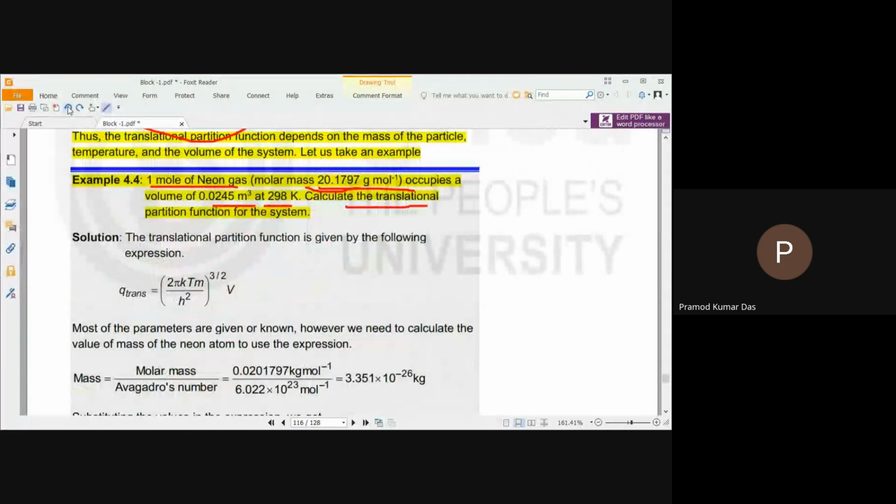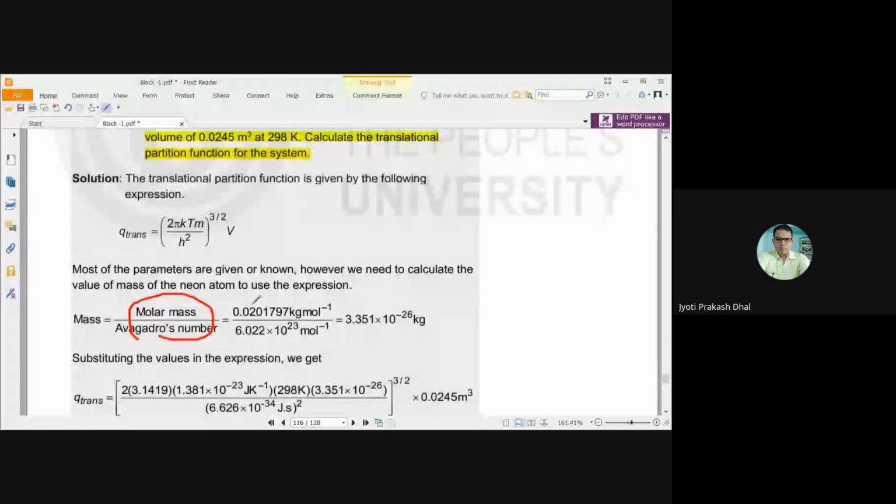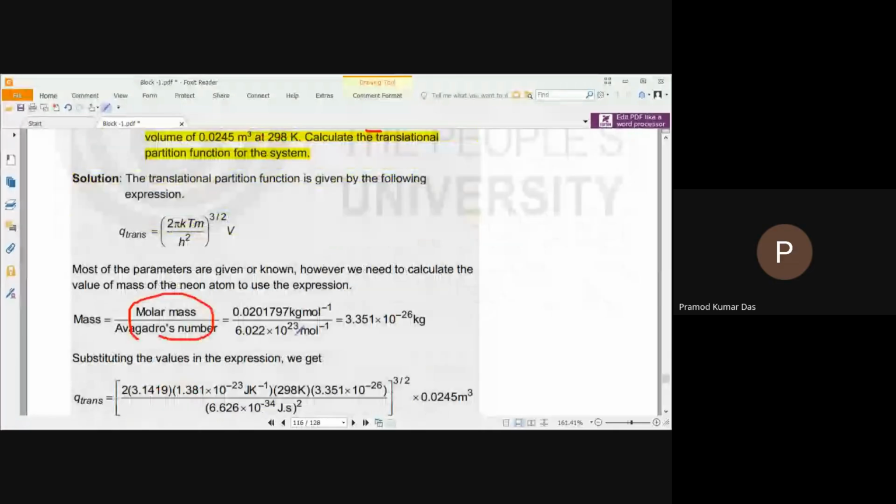If we want to find out the mass of a single neon atom, that will become molecular mass by Avogadro's number. Here the molecular mass is 20.1797 gram per mole, and we are putting the value in kilogram, so that will become 0.0201797 kilogram per mole.